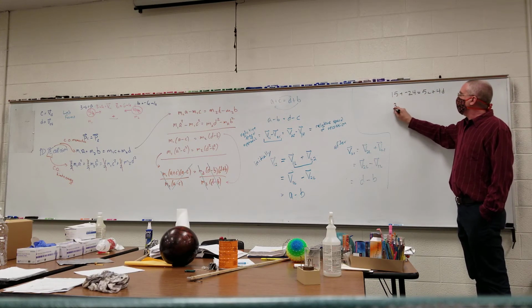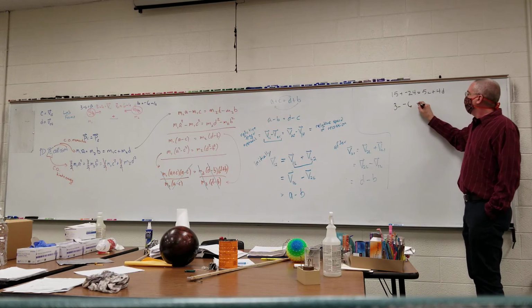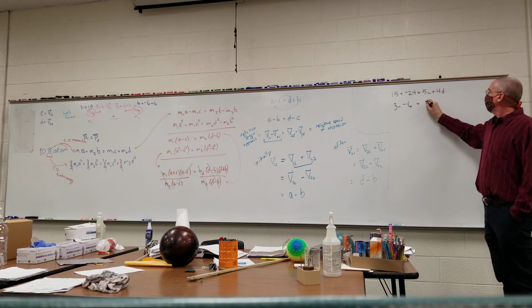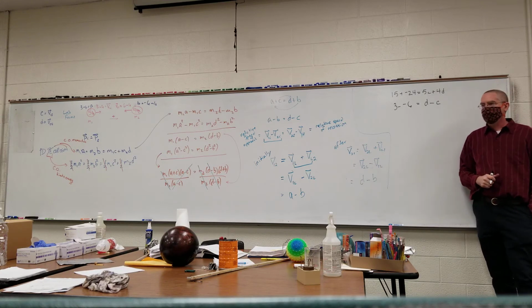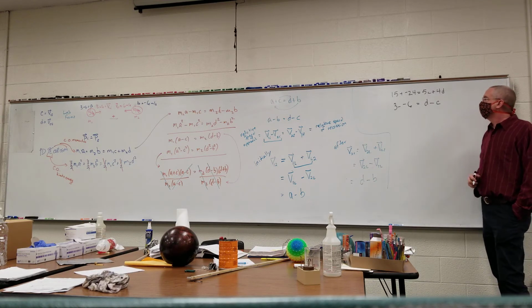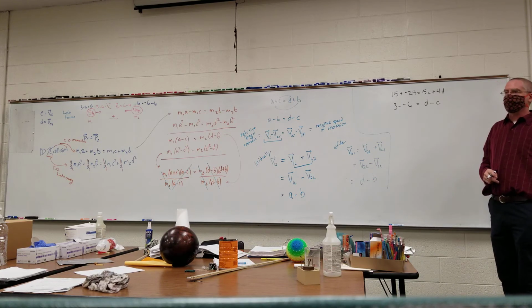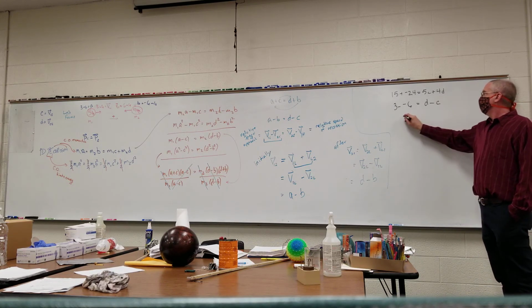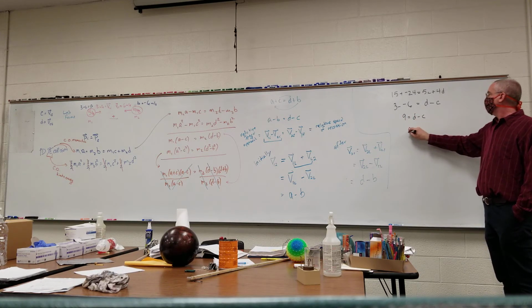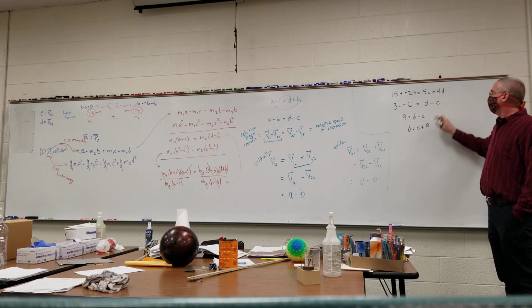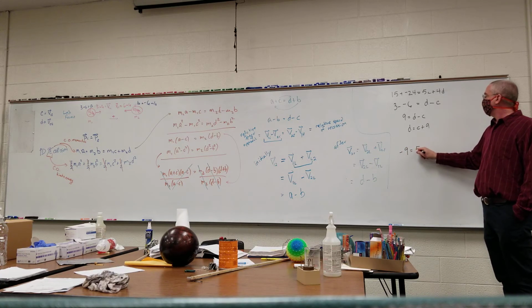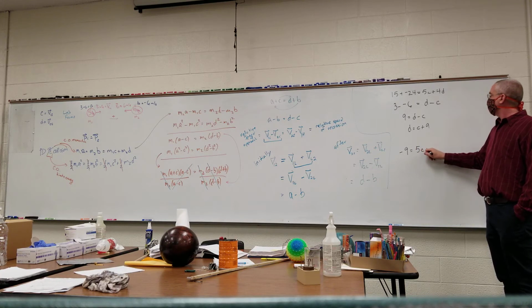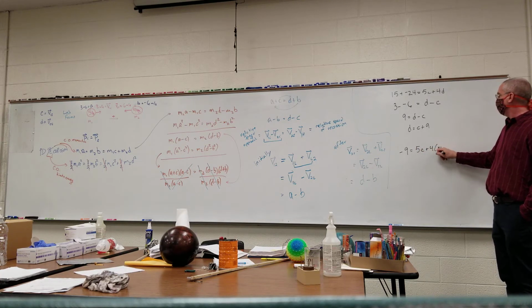And so we have 3 minus negative 6 is equal to d minus c. No quadratic formula needed. So that makes 9 is equal to d minus c, or d is equal to c plus 9. Plug that into here. I have negative 9 is equal to 5c plus 4 times c plus 9.